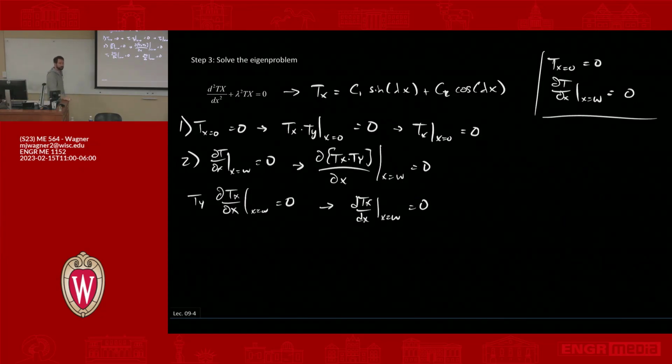Do you have an example of when it might not be trivial? That's a good question. Off the top of my head, probably not a great one. I'd have to think about that a little bit more.